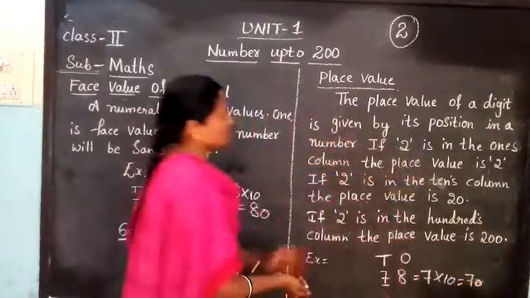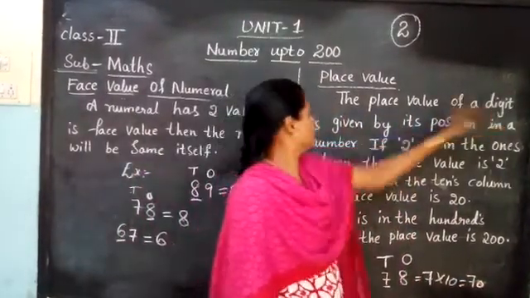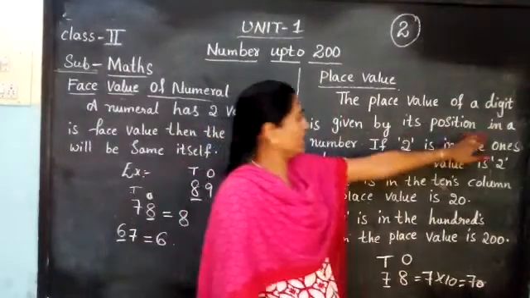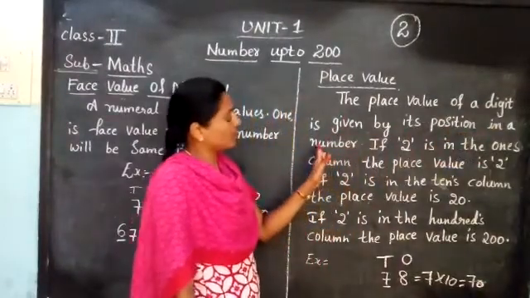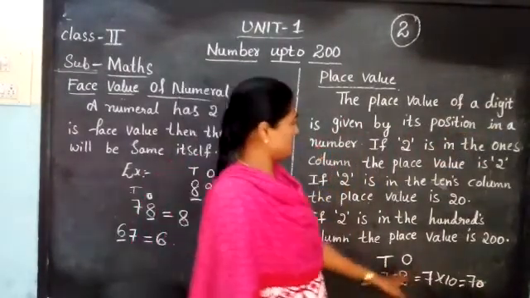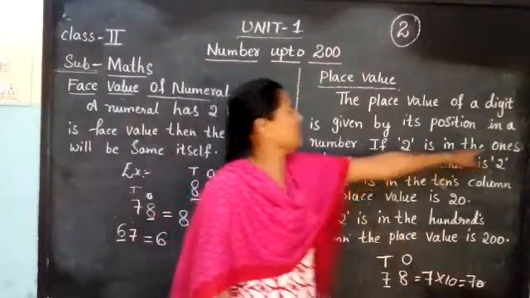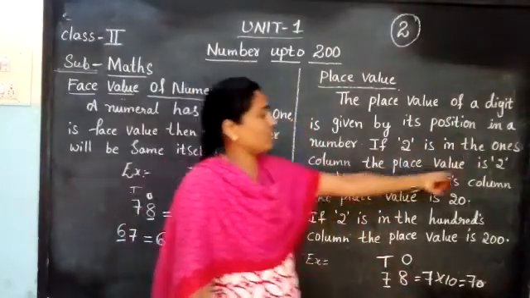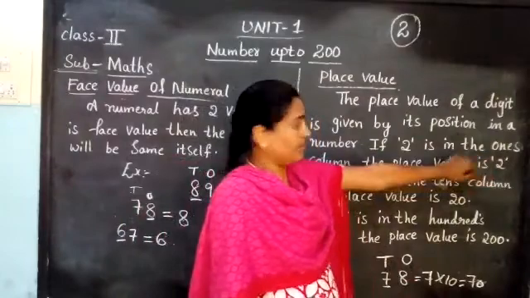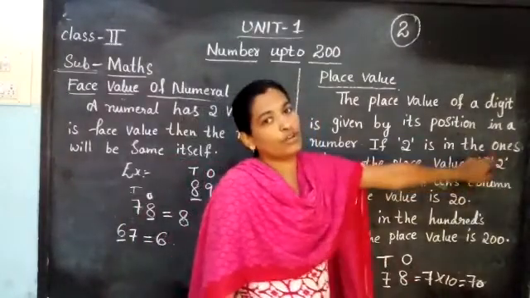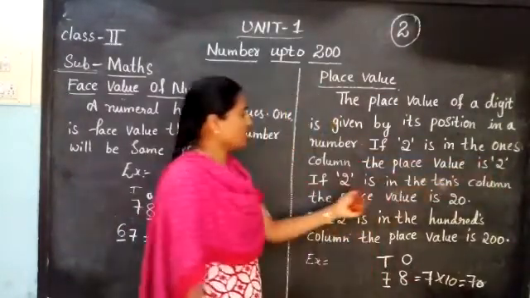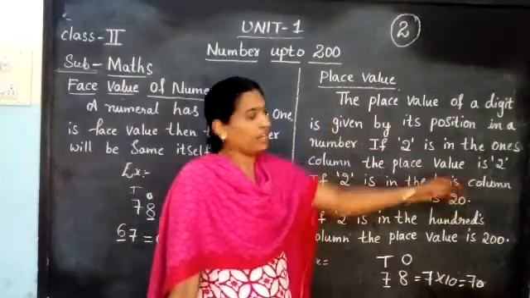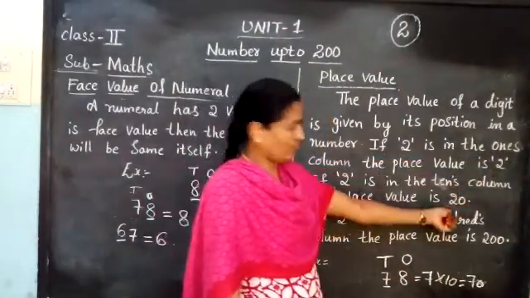Again I will explain this place value. The place value of a digit is given by its position in a number, so here we take the place values ones and tens. If 2 is in the ones column, the place value is 2 only, because we are taking only the ones column, so the same number will come. If 2 is in the tens column, 2 into 10, the place value will be 20.